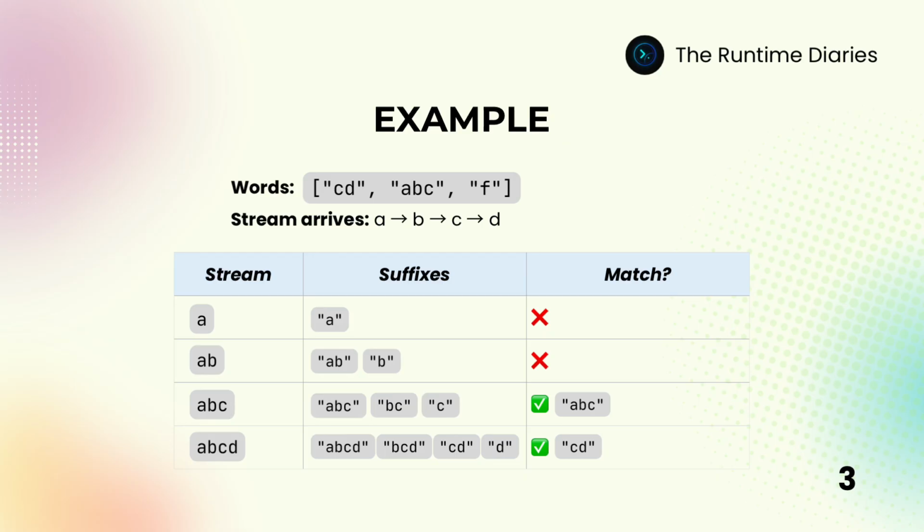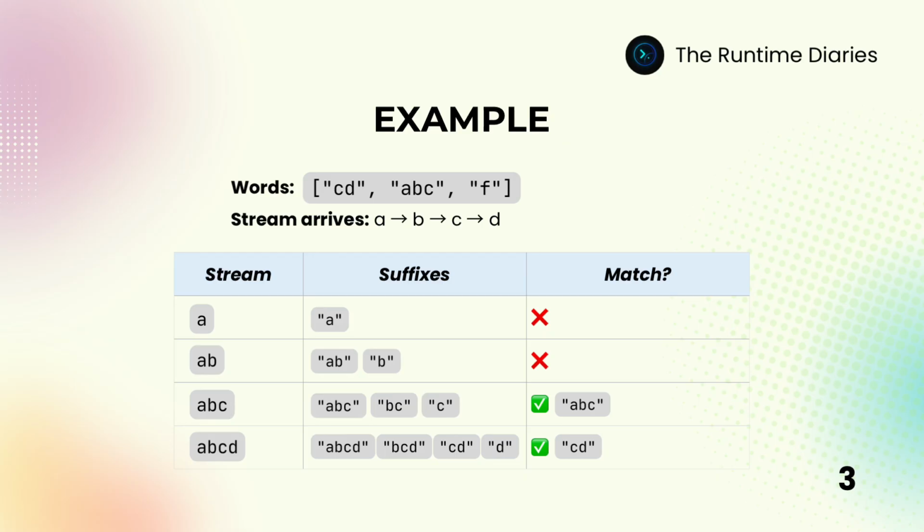After ABC, suffixes are ABC, BC, and C. Wait a minute, we have a match. ABC is in our dictionary. After, we check ABCD. Suffixes are ABCD, BCD, CD, and D. Wait a minute here, we have another match. CD is in our dictionary.